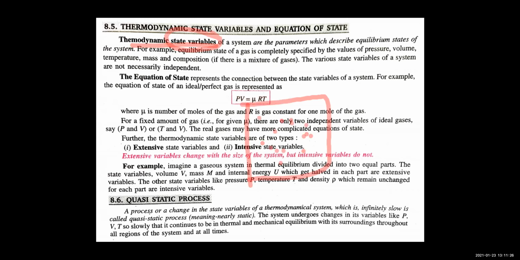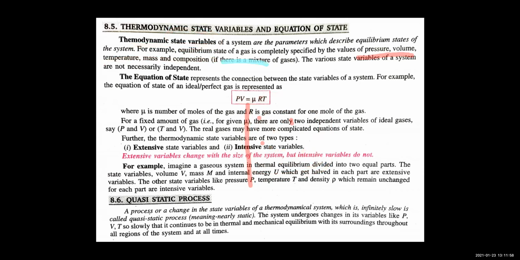The state variables will describe the condition of this system which is in equilibrium. So which are the state variables? The pressure, volume, temperature, mass, and composition. These are the variables using which we can describe the state of the gas which is in equilibrium in this container, right?